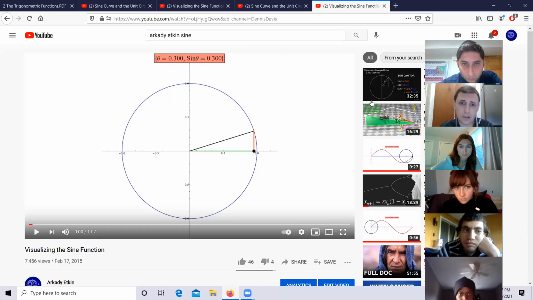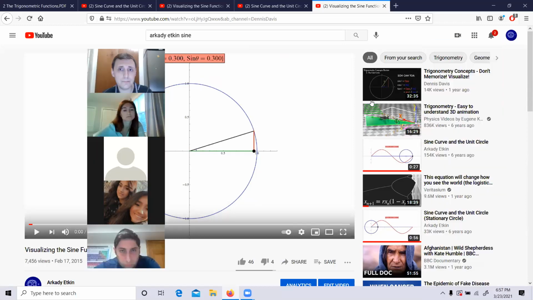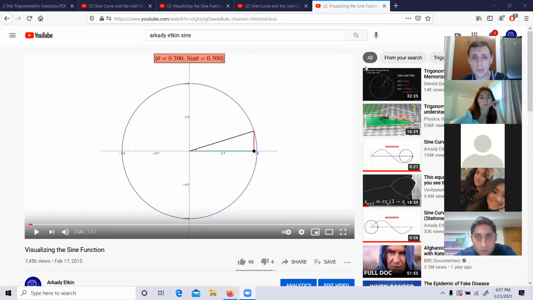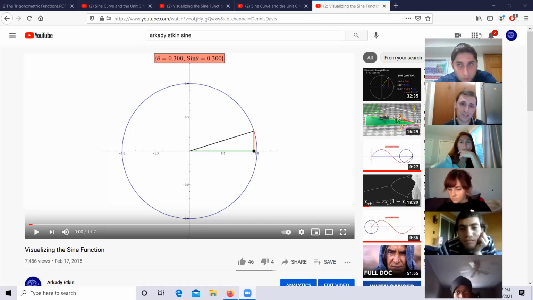It is 0.3 angles in radians. So it is 0.3 of a radian.